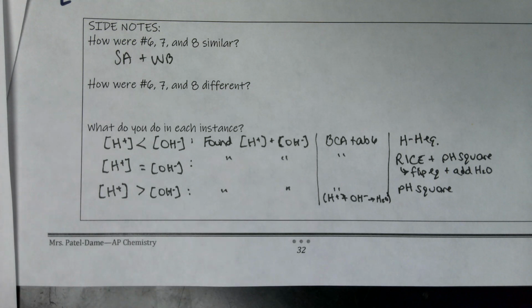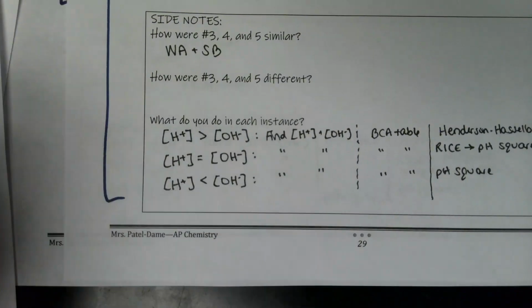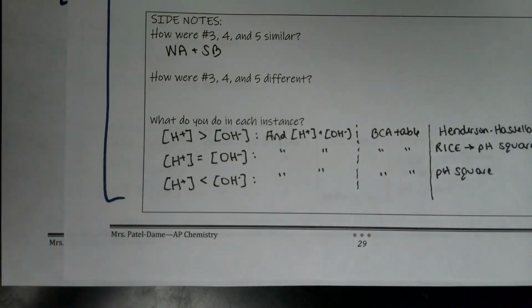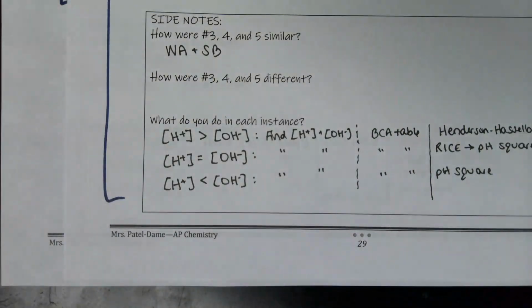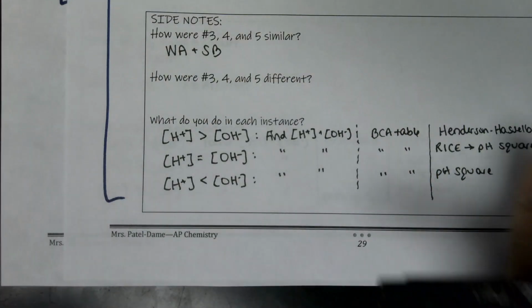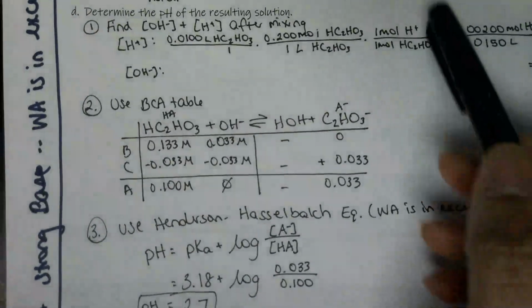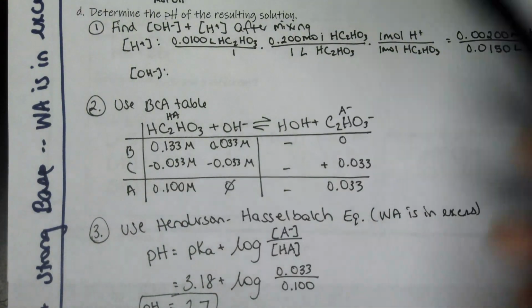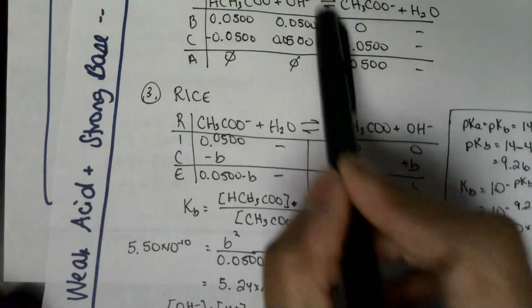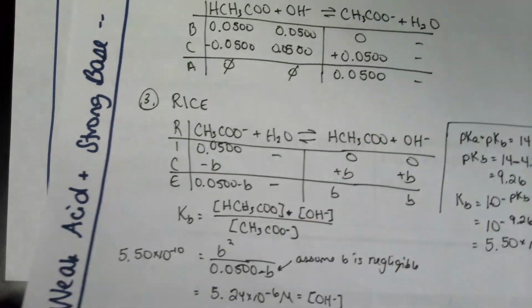And then we can kind of go back through for 3, 4, and 5, what we did a little differently, and do those. Let me see if I can find all my papers, which are all over the place. Okay, yeah, cool. So for my first one, where I had a greater amount of weak acid, I just kept that equation the same as my net ionic. That was cool. And then when I had excess of strong base, I used my product and added that to water.